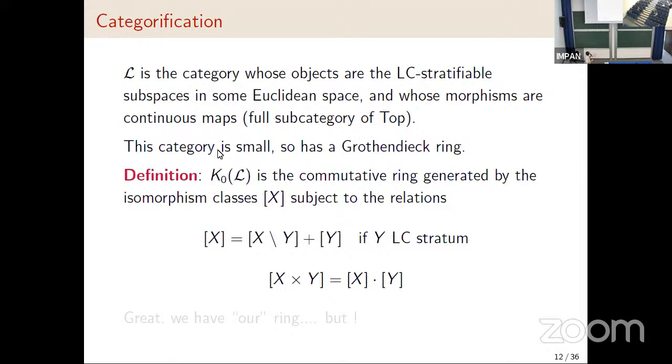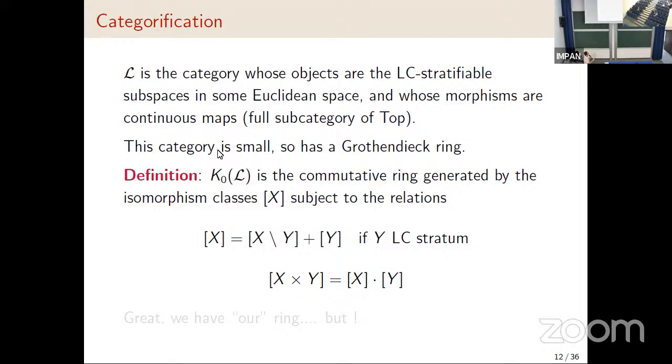So the Grothendieck ring is a formal definition, which is defined to be the commutative ring generated by the isomorphism classes of objects. Here the isomorphisms are homeomorphisms, all right? Subject to these relations. So here X minus Y is in the space if Y is a subspace of X, the Boolean algebra, in fact.